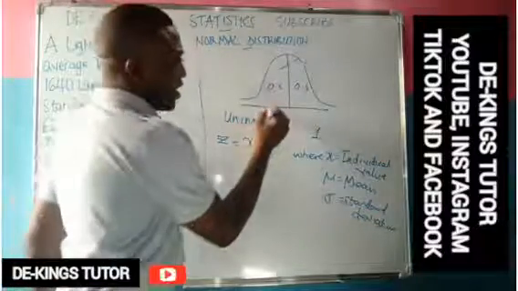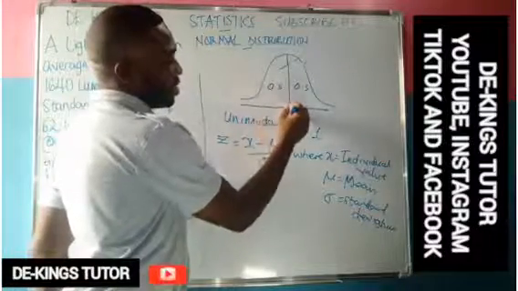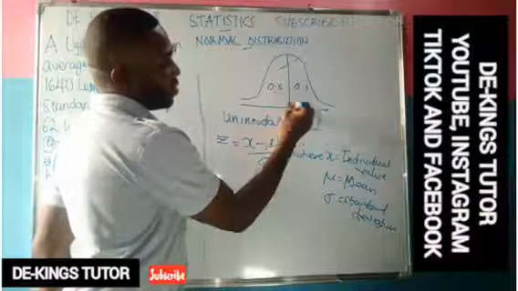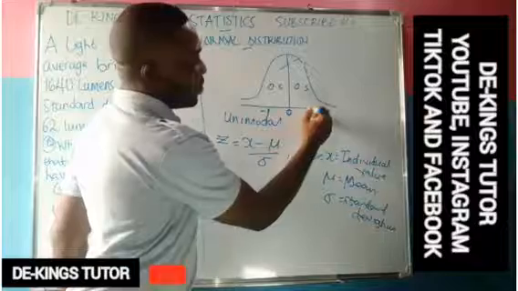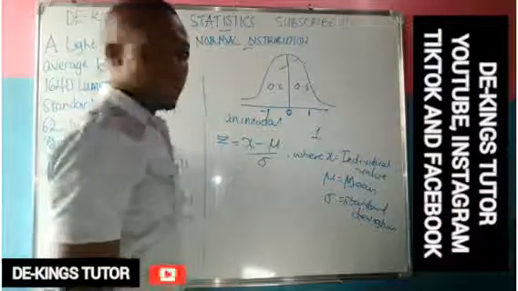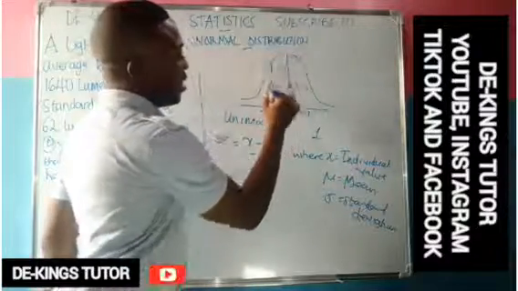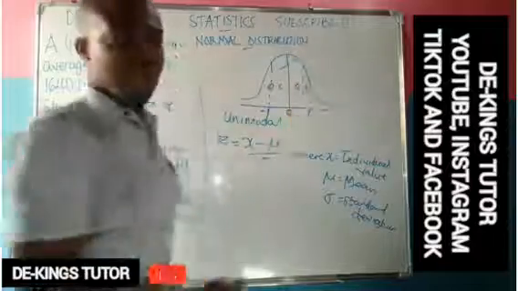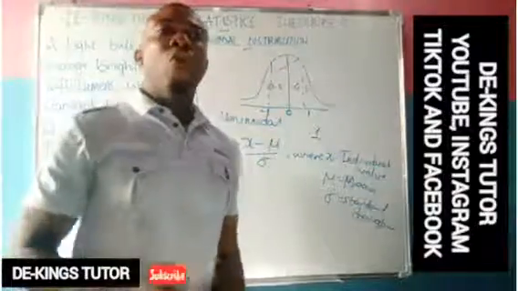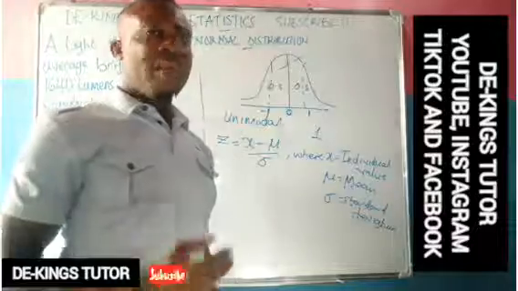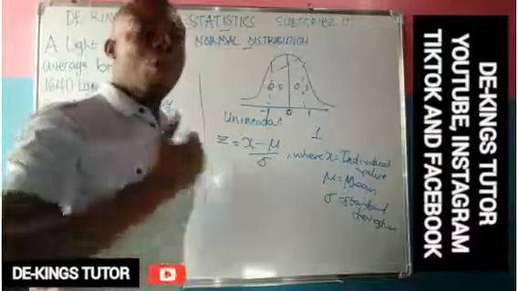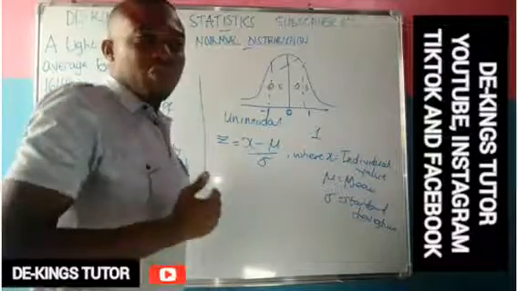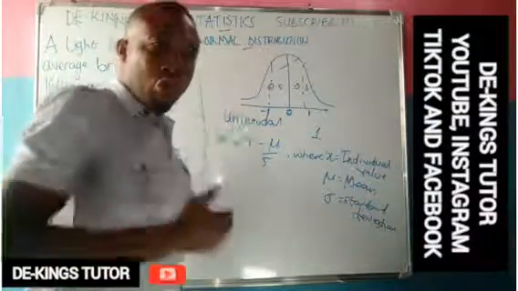Things I want you to know as regards normal distribution: one, negative values are always at the left. Remember, we said that our mean is 0. Negative values are at the left, while the positive values are at the right. Now, whenever you're asked to solve, whenever they say greater than or more, the greater than moves to the right from your X value.